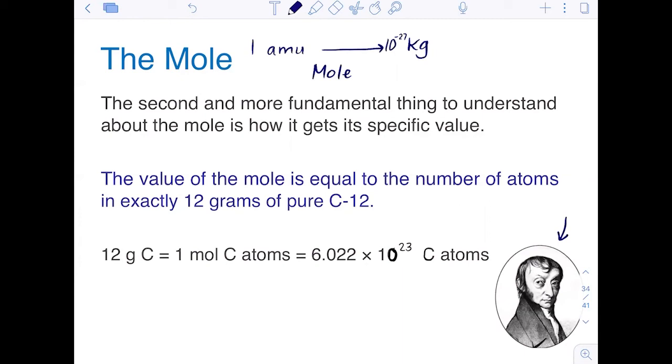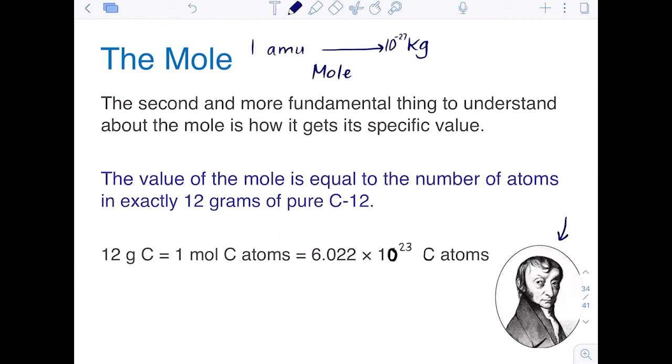When he developed his idea of the mole as a way of counting atoms and relating it to mass, people actually didn't take him seriously. We're going to see that repeated a lot in this class. It wasn't until 4 or 5 years after his death that people really started to understand, wow, this was important. The mole is how we connect the laboratory scale to the subatomic scale.